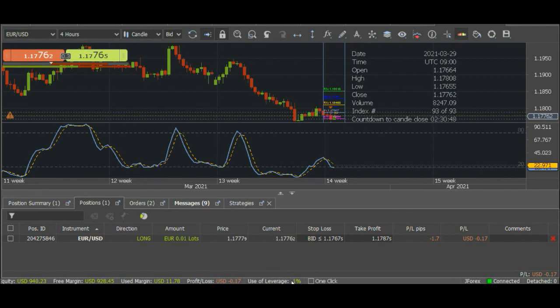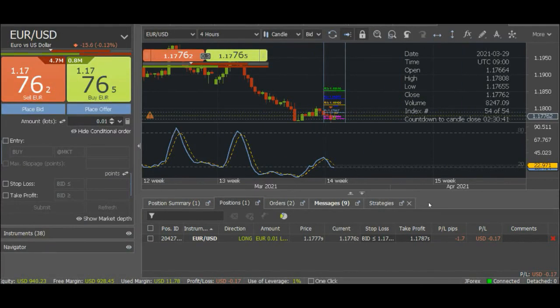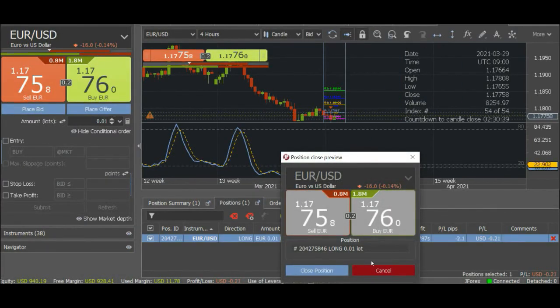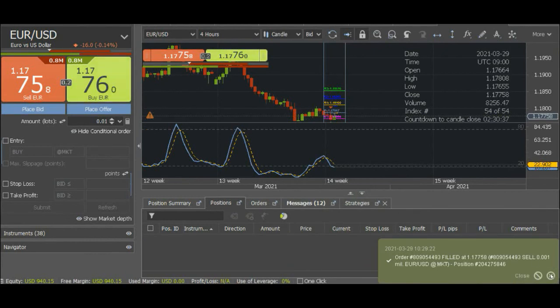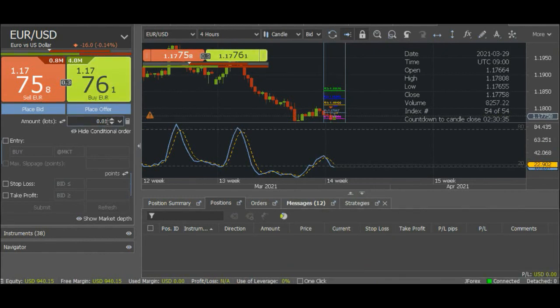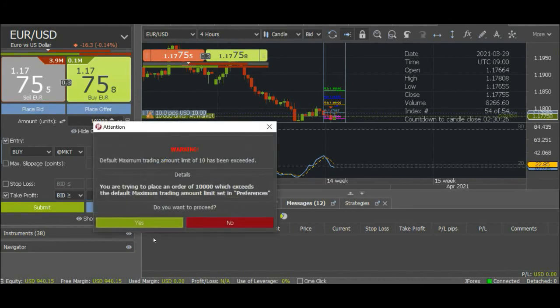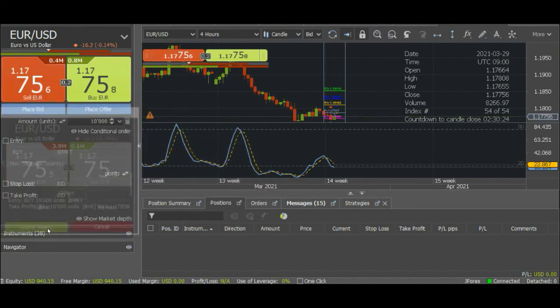So it's using 1%, because it's a 1:100 leverage ratio account. If I'm going to use more than that, for example, I'll show you, I'm closing this position at a loss. I'm going for 10,000 and a 10 pip TP.